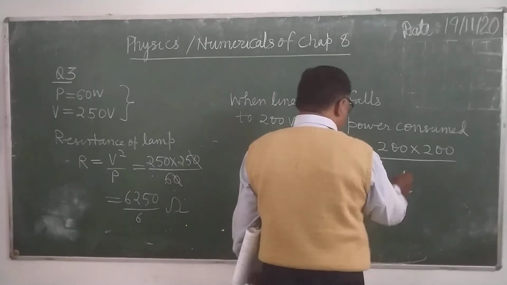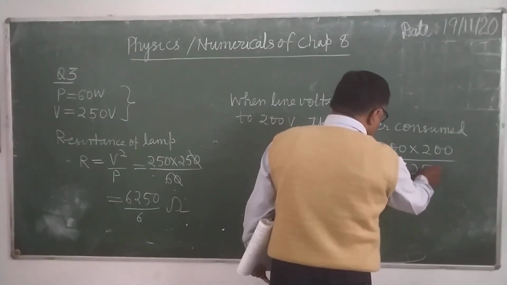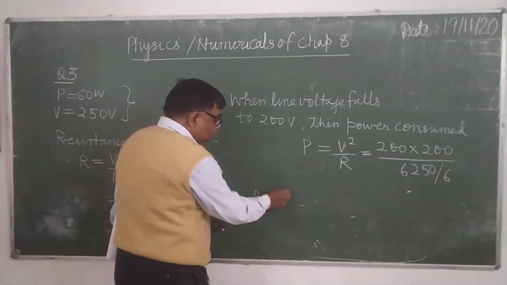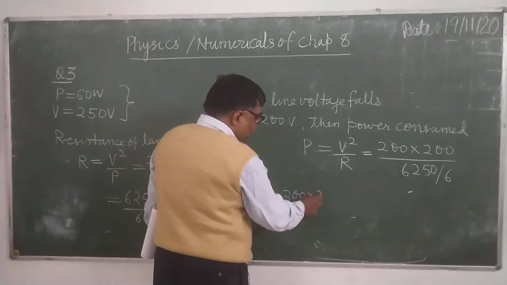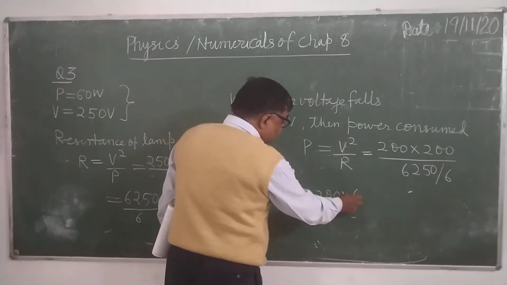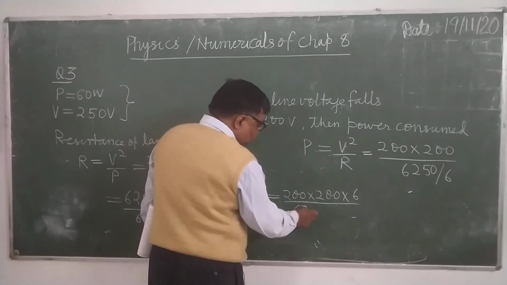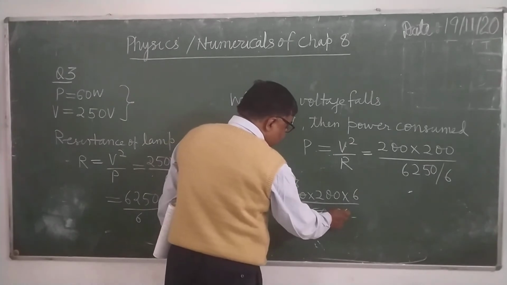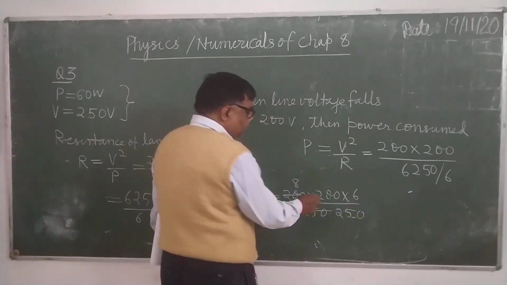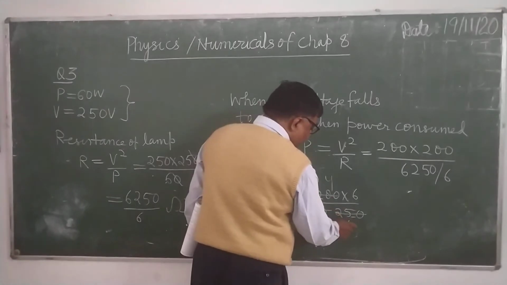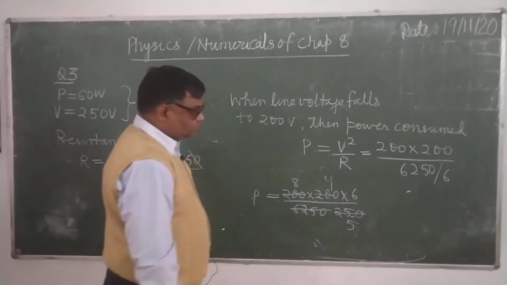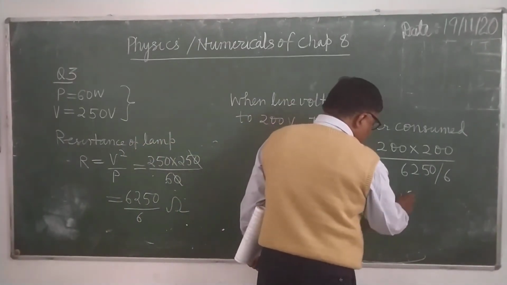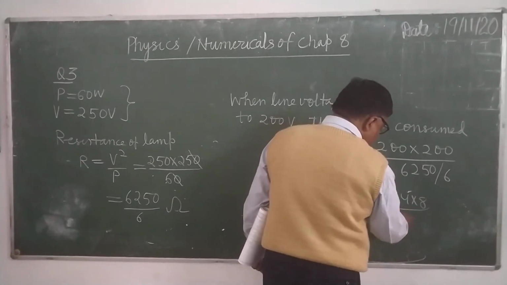How much? 6250 upon 6. When you simplify, P equals 200 into 200 into 6 upon 6250. 25 eights are 200, 25 this. Then 6 fours are 24 into 8 upon 5.